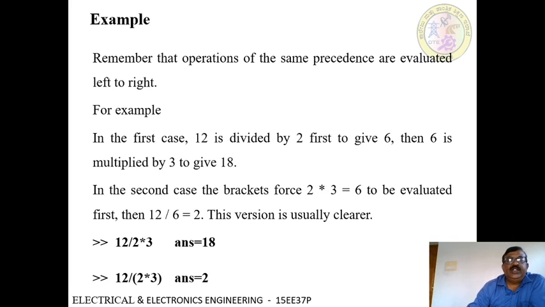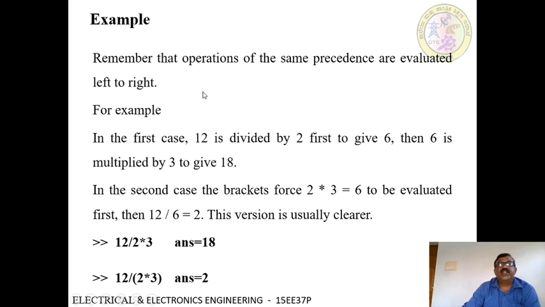Another example. Remember that operations of the same precedence are evaluated left to right. Operations are carried out from left to right. For example, if there is no parenthesis and no exponent form, then the operations will be carried out from left to right.